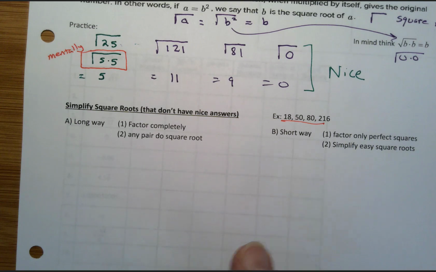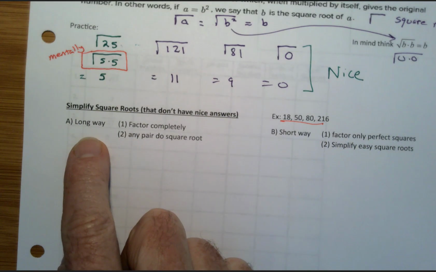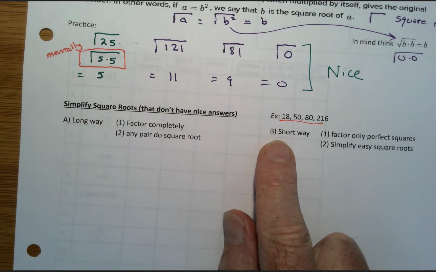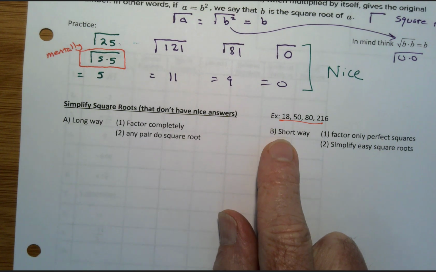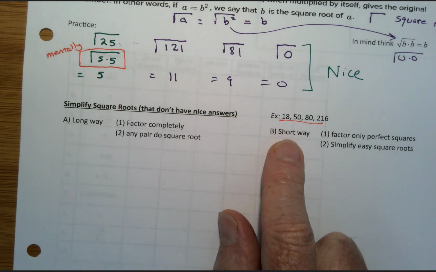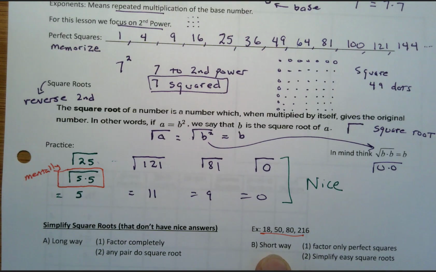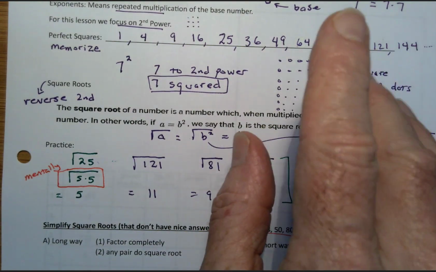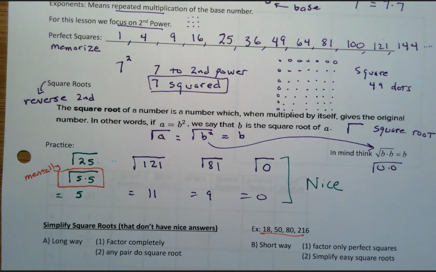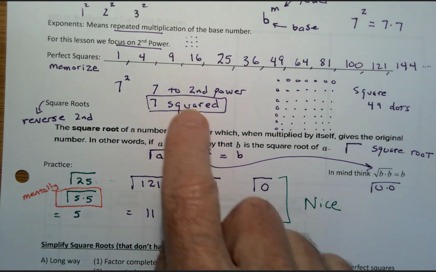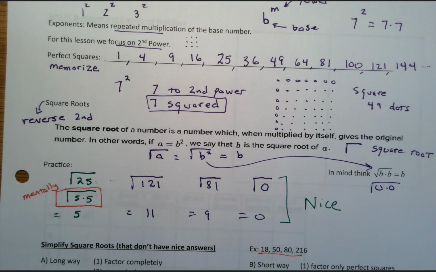There is a long way to simplify square roots and a short way. The short way is good for people who have memorized the perfect squares and have good number sense, which means they can look at a hard number, say like 50, and break it down really quick with only the perfect squares. Not everybody has that number sense.